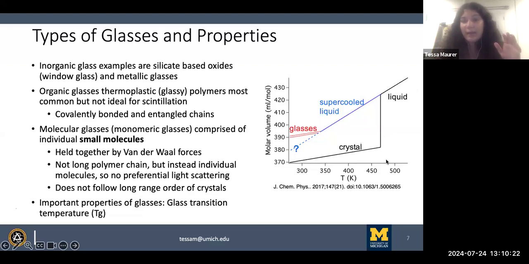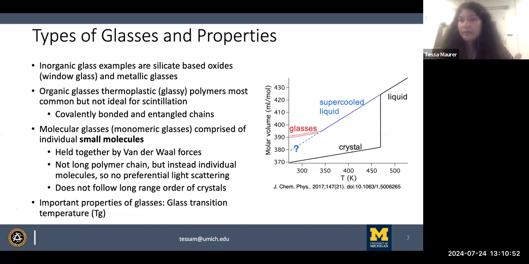That means we have the thermodynamic energy for these molecules to be vibrating and moving around. But then if we get to a point kind of like right here, if we cool very, very slowly, like infinitesimally slow along this point, the density is going to increase, I'm sorry, the other way around. So the volume is going to drop.